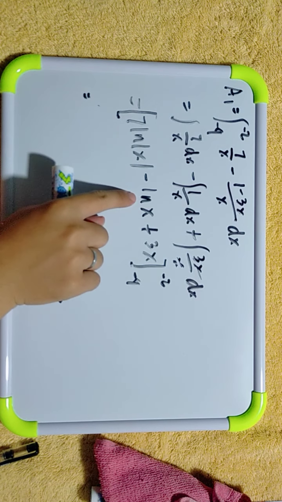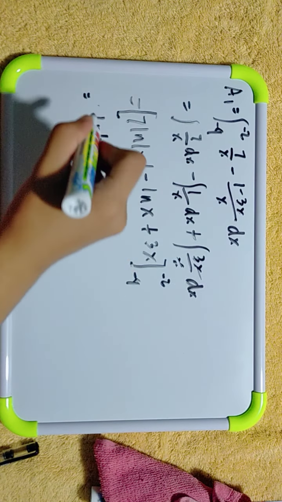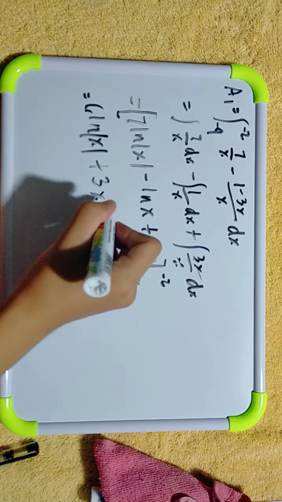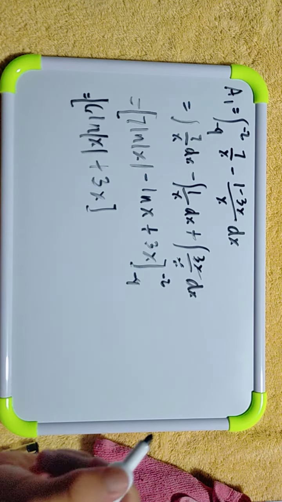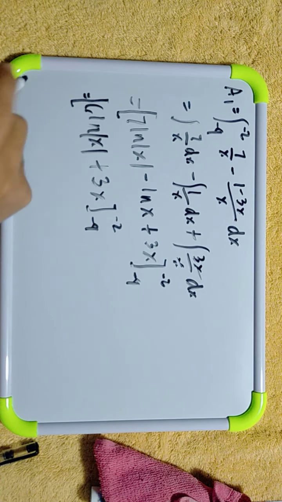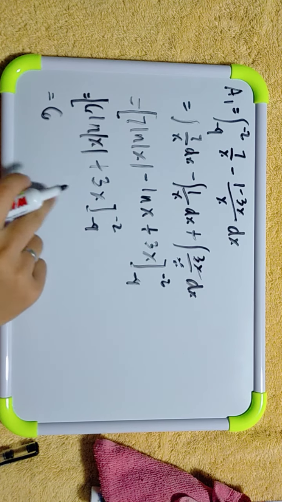Magiging 7 minus 1 is 6, 6 ln x plus 3x from negative 4 to negative 2. So, yun, substitute na natin siya. Na-simplify na natin. So, okay na yan.